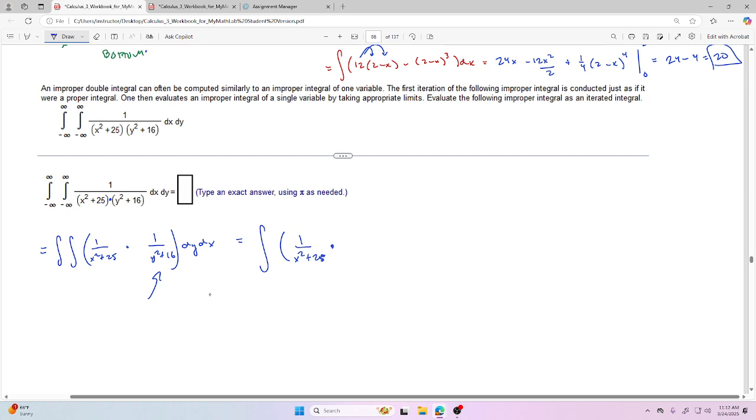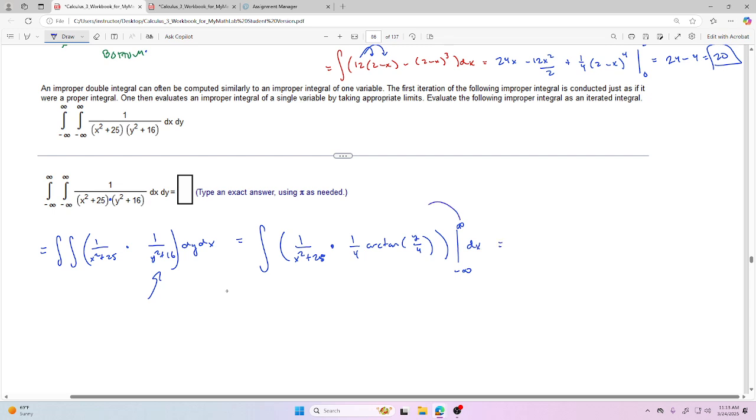Arctan. You got it. It's 1 over A. A in this case is a 4. Arctan of that variable, which is just, I think it might be A or that variable over A or something. It doesn't really matter in the end here in a second, but yeah. So A is a 4, so we just do arctan. There we go. I still have to go negative infinity to infinity with it.